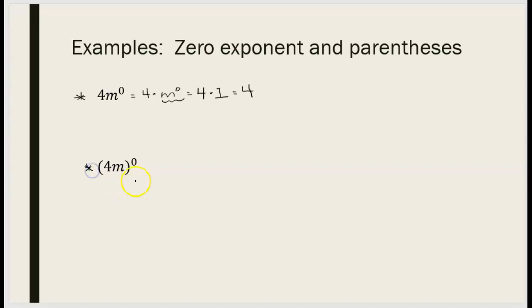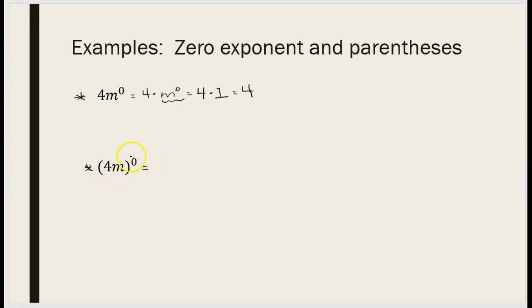Now, the reason I did a problem that looks very similar is to show what is distinct about this second problem. Hopefully all of you are saying, well, we've got parentheses here, right? What the parentheses mean is that now this exponent of 0 is going to apply to everything within the parentheses.